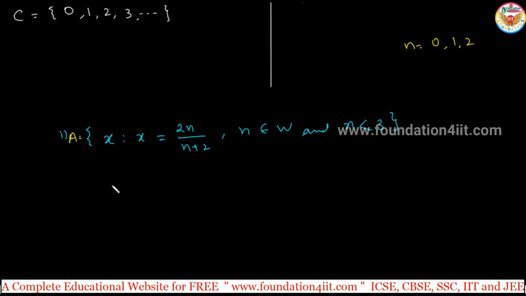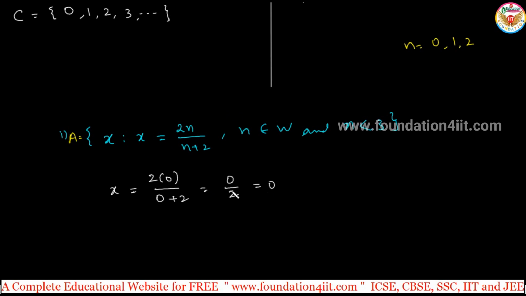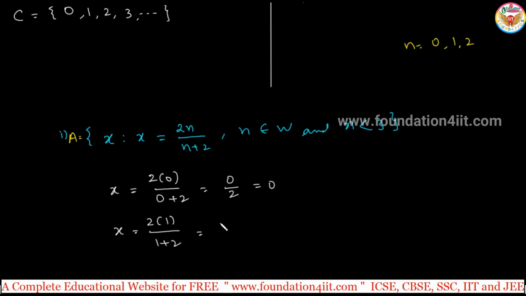First you have to substitute 0 in the place of n. So x is equal to 2 into 0 by 0 plus 2. 2 into 0, so 0 by something is 0. Again x is 2n by n plus 2, but next n is 1. So 2 into 1 by 1 plus 2, 2 by 3 it is.